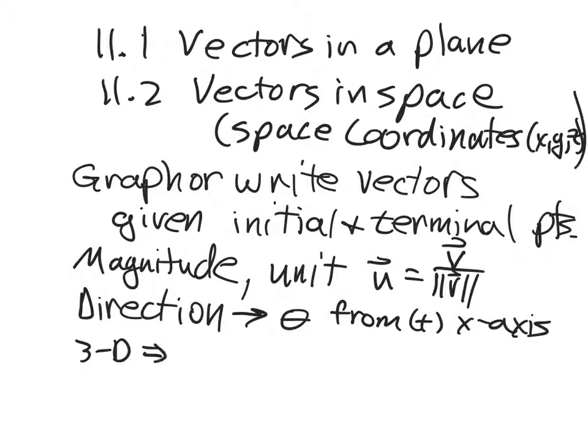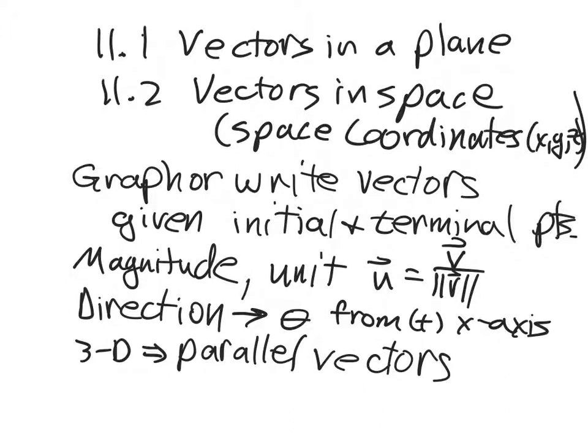In 3D, we also started looking a little bit more about parallel vectors. Are vectors parallel? We could have seen that in section 1 as well, but I don't think there were any problems like that. But definitely in section 2 we began that idea, and then of course later on we see that a lot more in section 5 when we're using vectors to describe lines or planes in space.